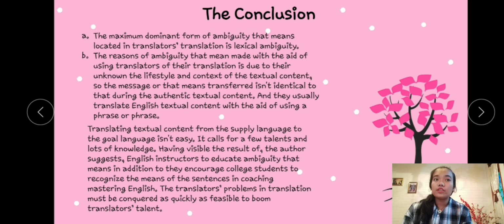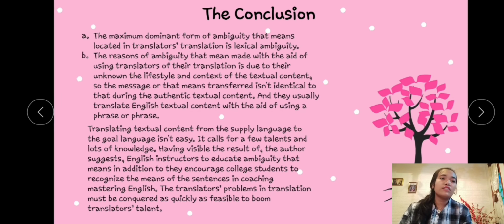So the message or the meaning transferred isn't identical to that in the original text, and they usually translate English text word by word or phrase by phrase.